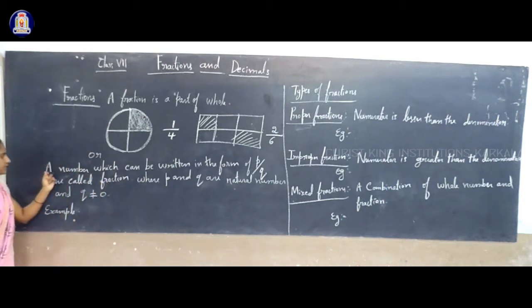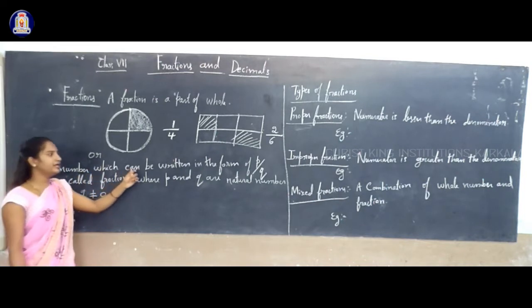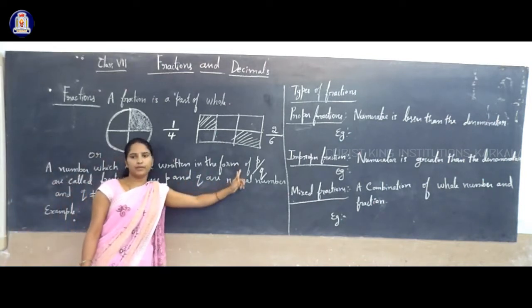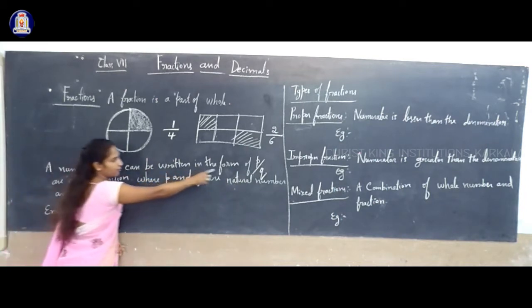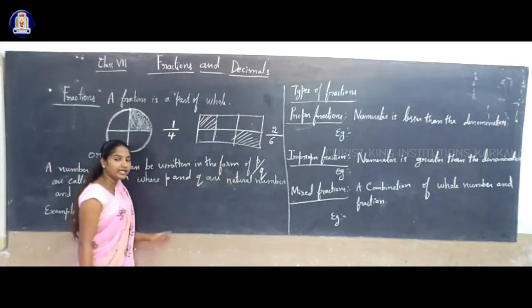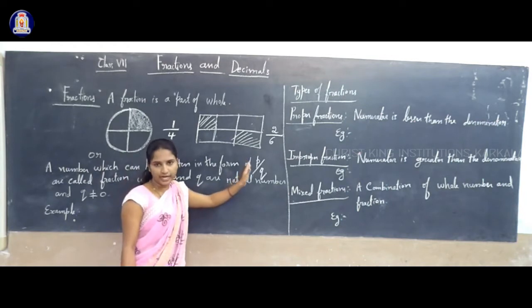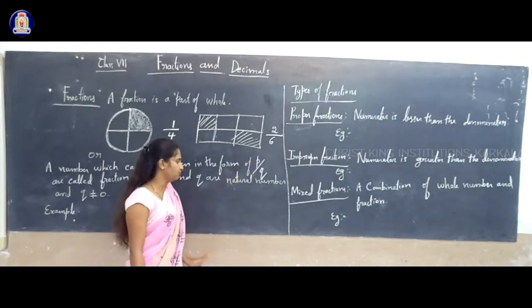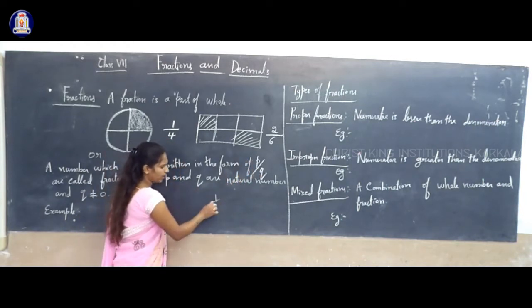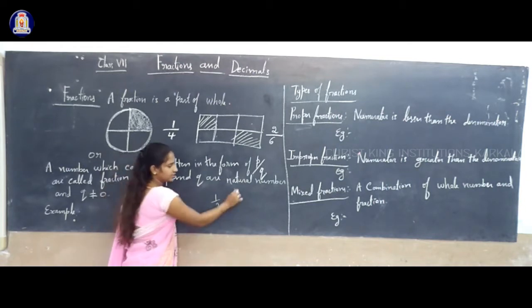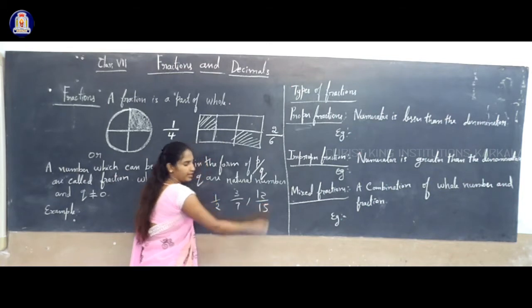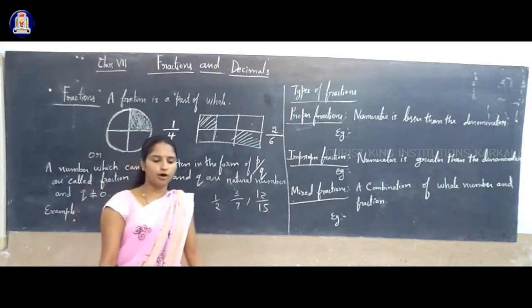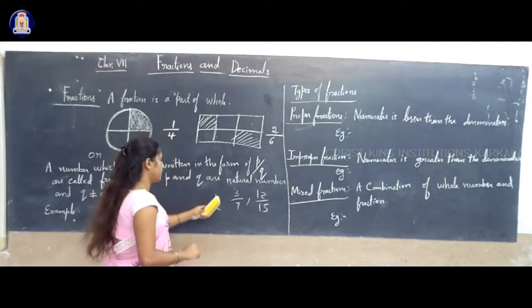So the definition is: a number which can be written in the form of P by Q. Any number you write in the form of P by Q, that means 1 by 2 or 3 by 7, 12 by 15. All these are in the P by Q form.